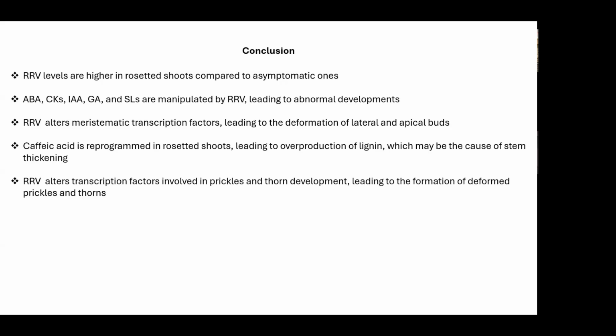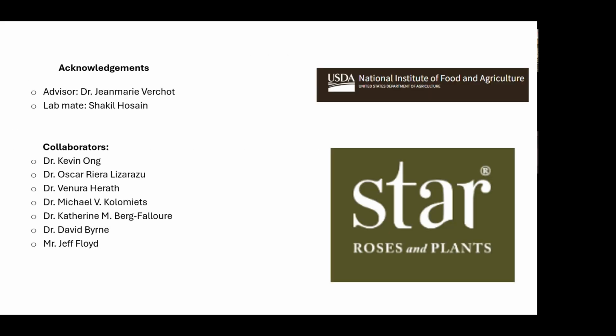The caffeic acid pathway is reprogrammed, as we have seen in symptomatic shoots, leading to the production of lignin, which may be the cause of stem thickening. We have also seen that RLV may be altering the transcription factors involved in floral development, leading to the formation of deformed prickles and thorns.